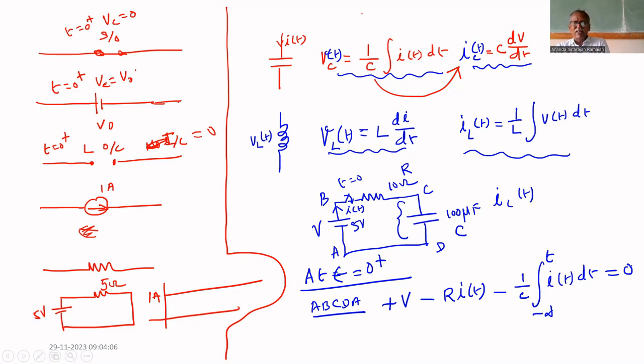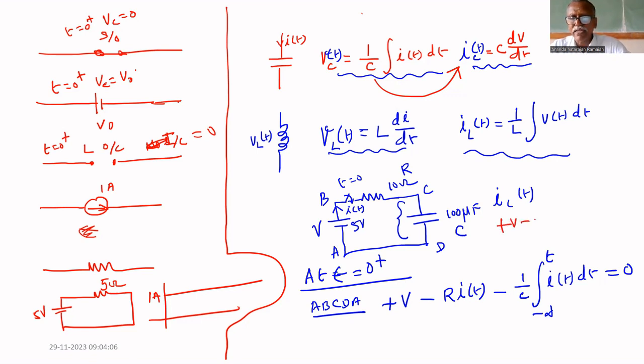On the other hand, if you write for inductor, what you will get? Suppose instead of this capacitor, one inductor is there. You will write expression for voltage. What you will get?